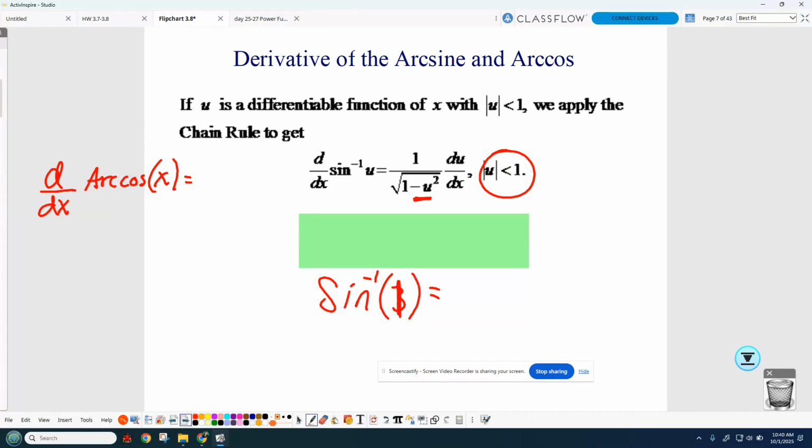Arc cosine. Wait, does that say times du dx? Yes. Chain rule. I'll show you in a second. Okay, right, because that wasn't the first I was confused. Here's the pretty thing about these, the ones that begin with C. Cosine is contrary, so it's negative whatever sine's derivative was. Sine inverse's derivative. You wrote x and u. I know.